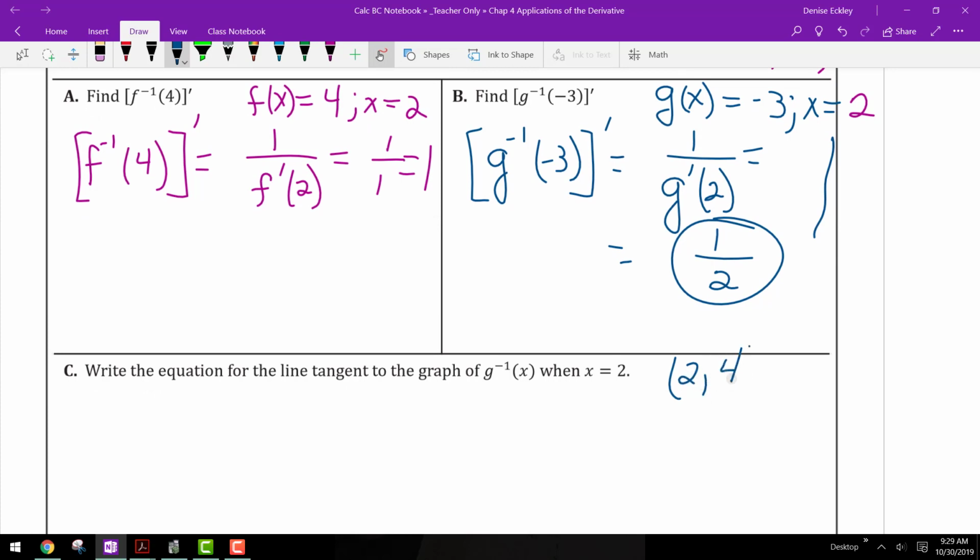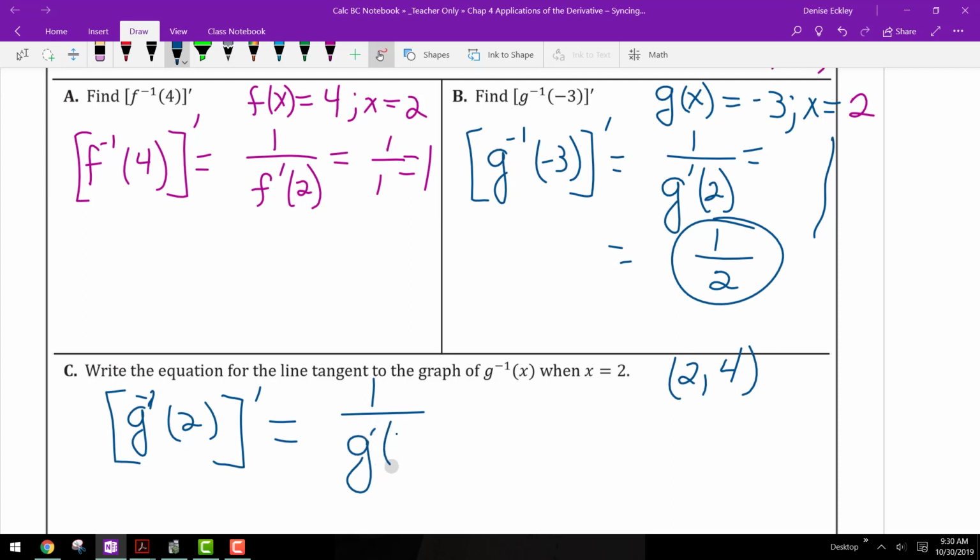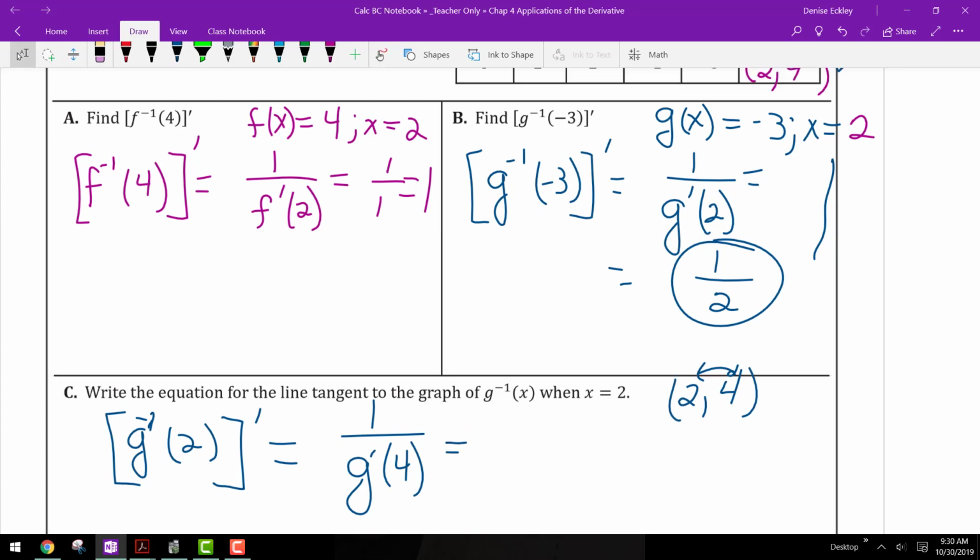So that means that if we want the derivative of g inverse at 2, we're going to have to do 1 over g prime of 4, because remember, these will switch. So g prime of 4.